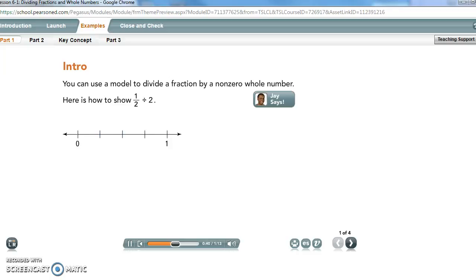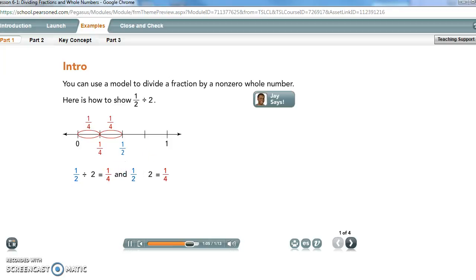First, label 1/2, the dividend. Since the divisor is 2, divide 1/2 into 2 equal parts. In this model, the quotient is the length of each equal segment. Because the interval length of each equal segment is 1/4, 1/2 divided by 2 equals 1/4.